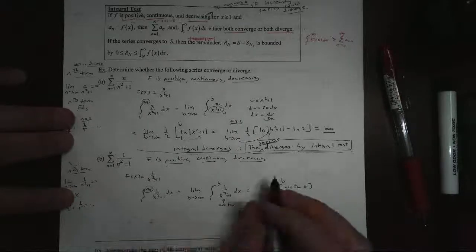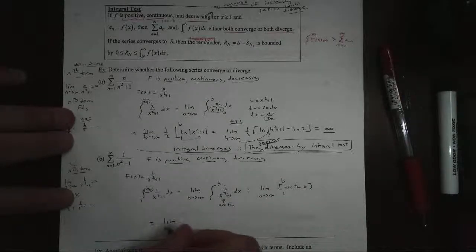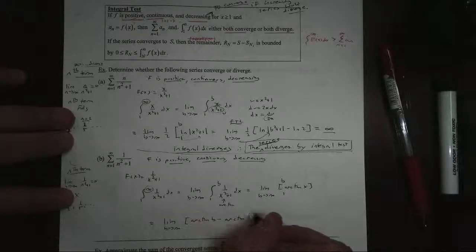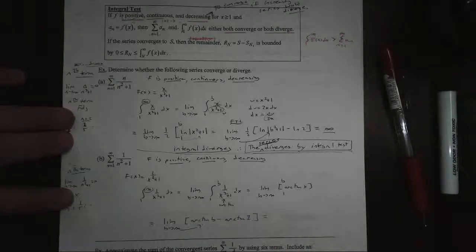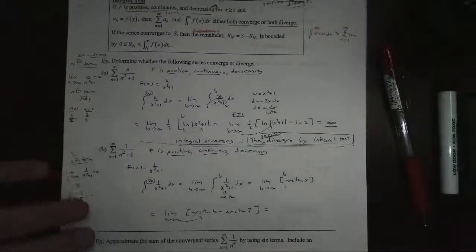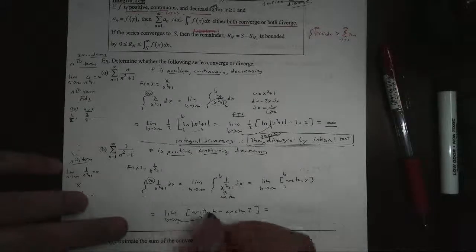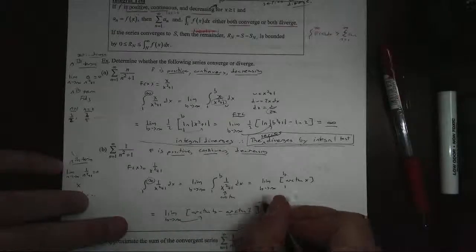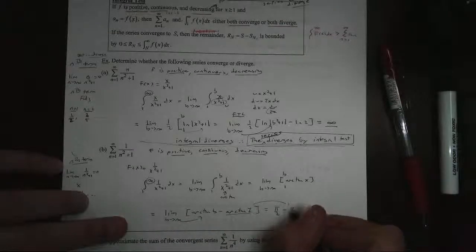Using the FTC, we get the limit as b goes to infinity of arc tangent of b minus the arc tangent of 1. Now we've done this enough. As b goes to infinity, the arc tangent of infinity is pi over 2. The arc tangent of 1 is pi over 4. So if I subtract, I get pi over 4.